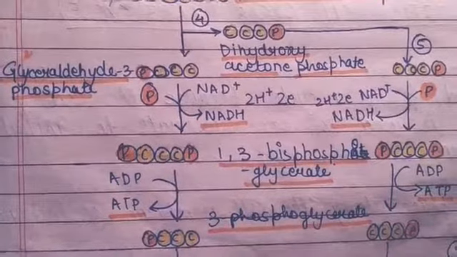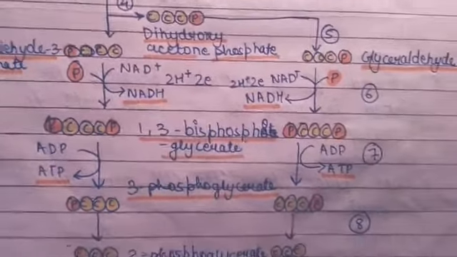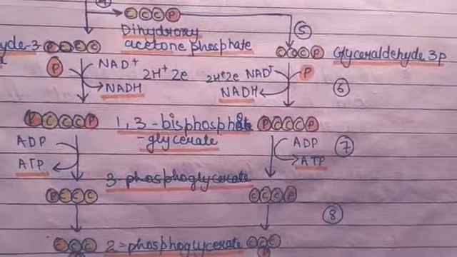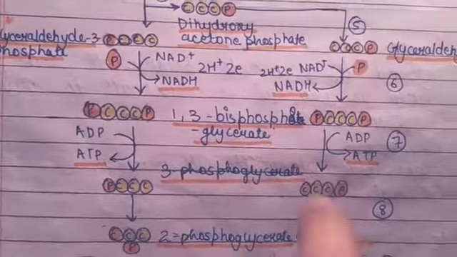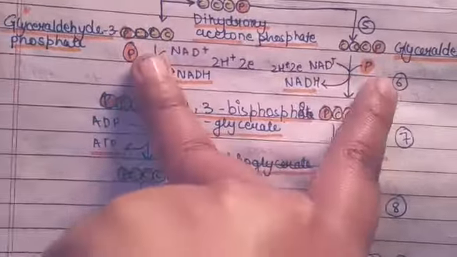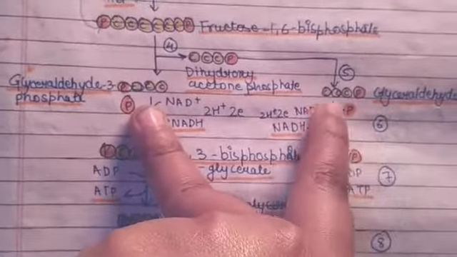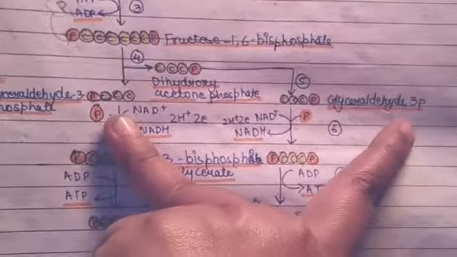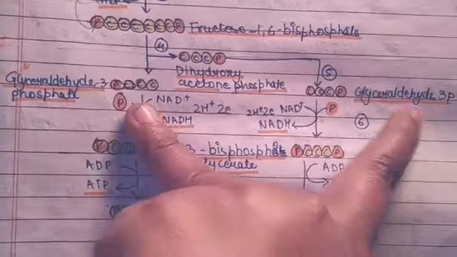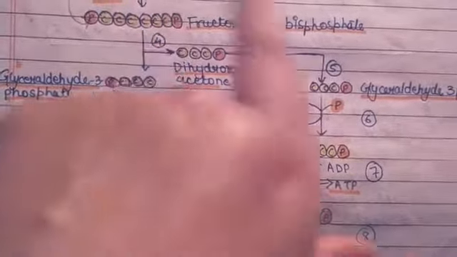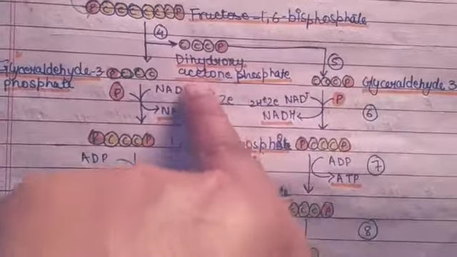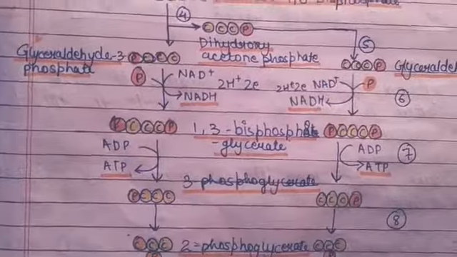From dihydroxyacetone phosphate, glyceraldehyde 3-phosphate is formed, and from glyceraldehyde 3-phosphate the further reaction occurs. Now here we can see there are 2 glyceraldehyde 3-phosphate molecules, one from the breakdown of fructose 1,6-bisphosphate and one from the dihydroxyacetone phosphate.